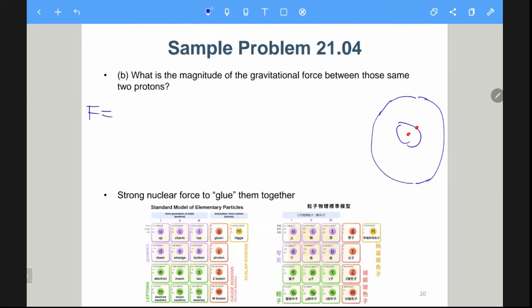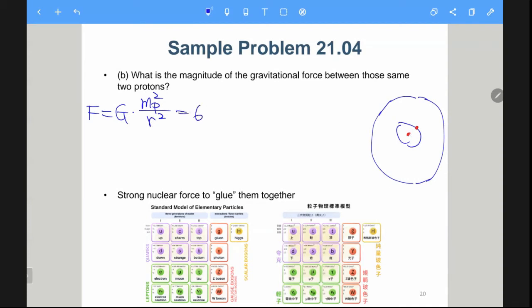So the gravitational force is nothing but G times m_p squared over r squared. This is the gravitational force from Isaac Newton. G is the gravitational constant, m_p is the mass of the proton, and r is of course the distance between them.